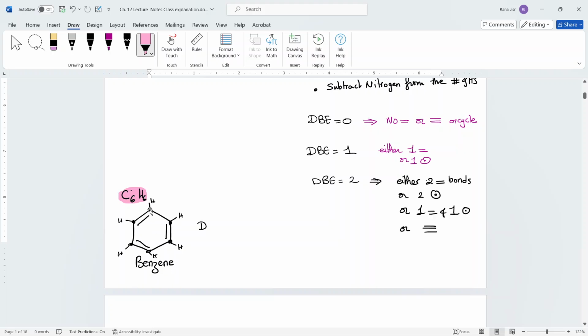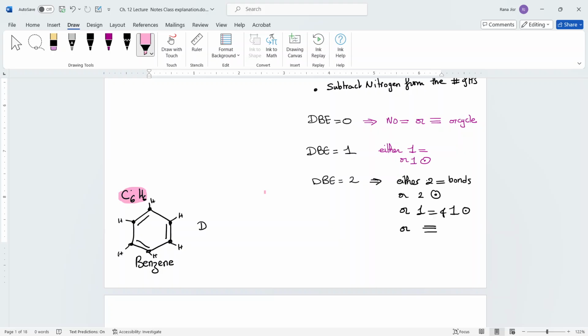All you need to do is add up the number of carbons, and I have 6 carbons here and 6 hydrogens in there, and write the formula. Always when you write the formula, carbon comes first and then hydrogens, and then you go from the least electronegative to the most electronegative. So if there's a nitrogen, nitrogen comes over here, and then oxygen.